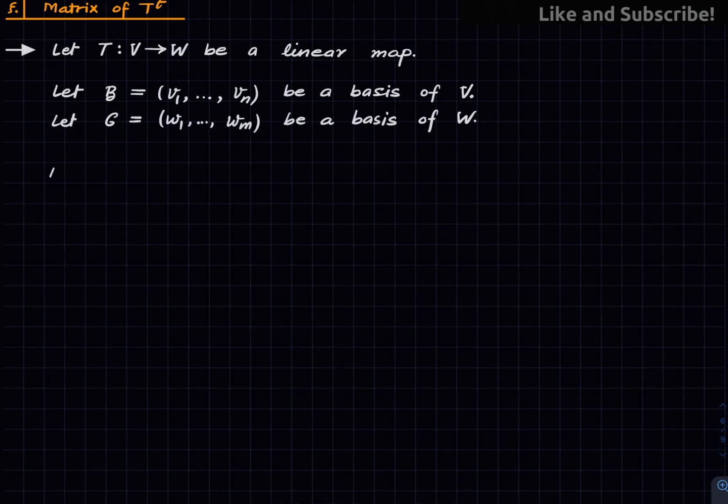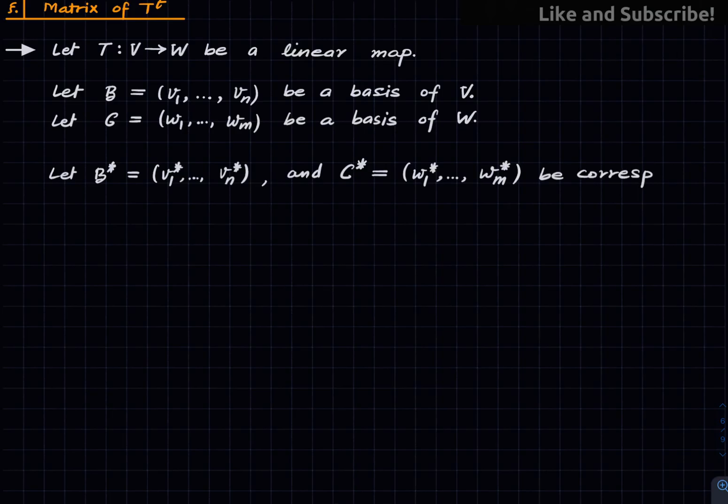So let B star be the dual of the basis B. So this is the dual basis which we recalled in the beginning. And C star be the dual of C. Right? So this is a basis for V star, and this is a basis for W star, but B star is actually the dual of B and C star is actually the dual of C.